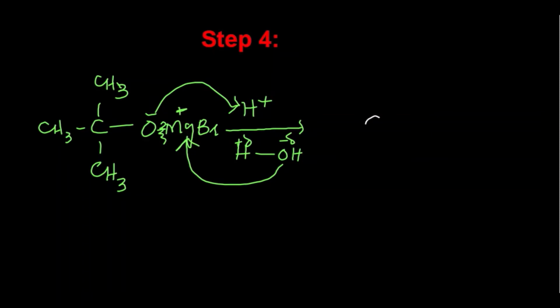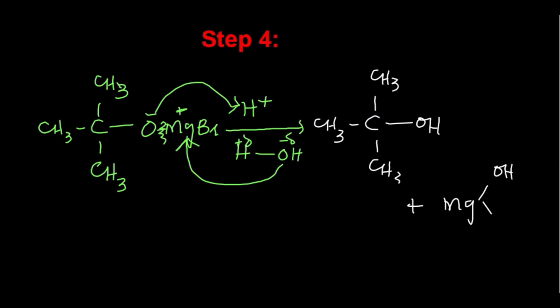So after the reaction, since oxygen is protonated, we get CH3, CH3, CH3, OH, plus hydroxy magnesium bromide. Here we get a tertiary alcohol, students. Since the hydroxyl group is attached with a tertiary carbon, the tertiary alcohol which is formed is 2-methyl-2-propanol.